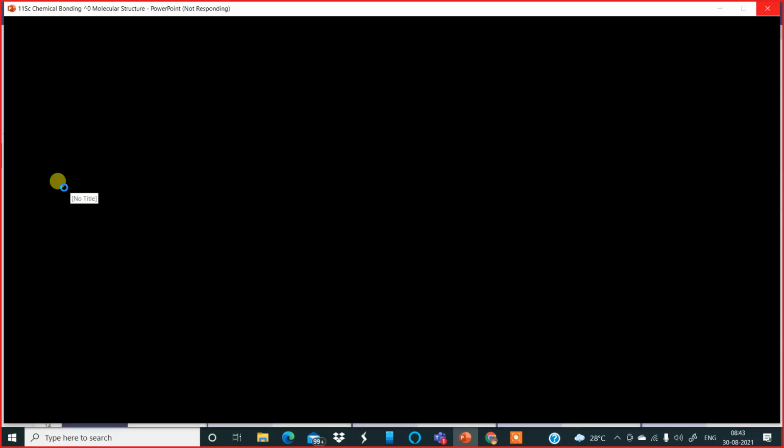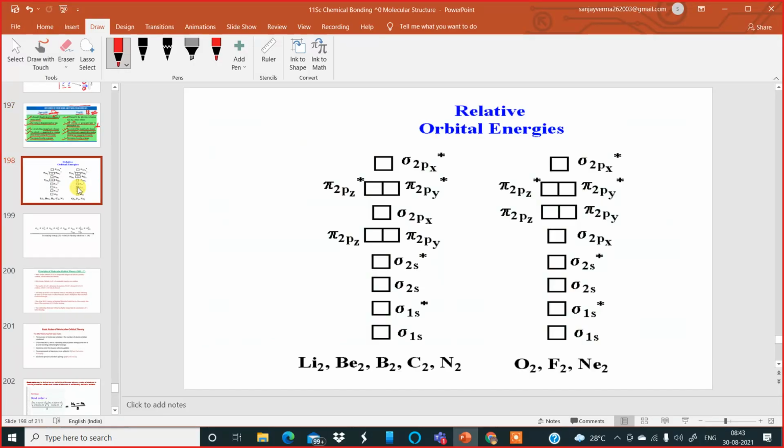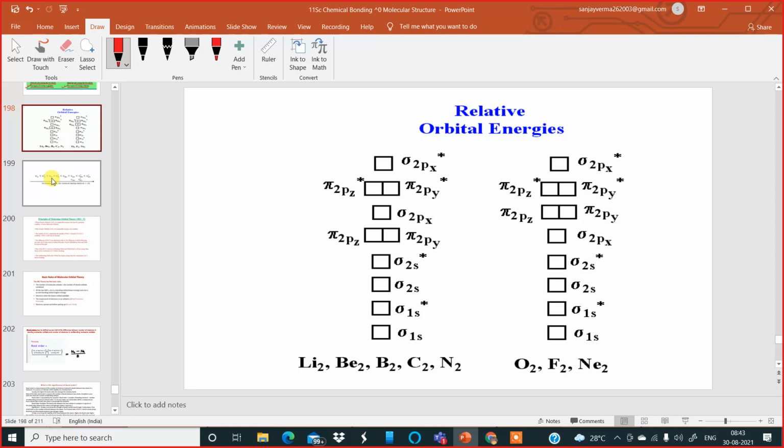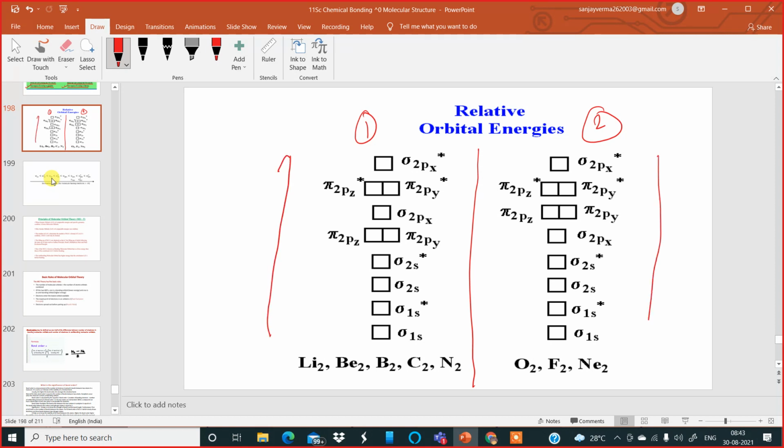Have a look on the screen over there. Okay. You can see on your screen there are some relative orbital energies. Okay, this is one part, this is the other part. You must learn this order.